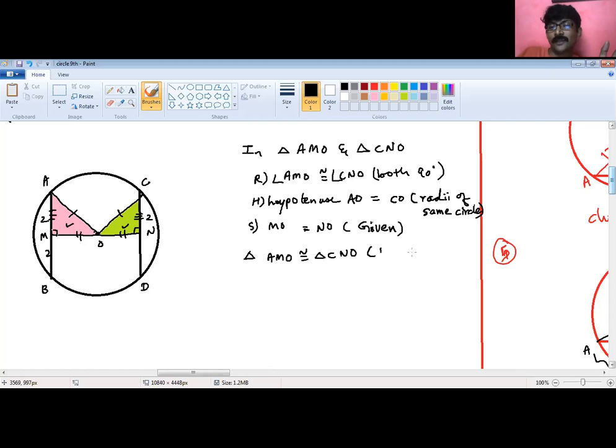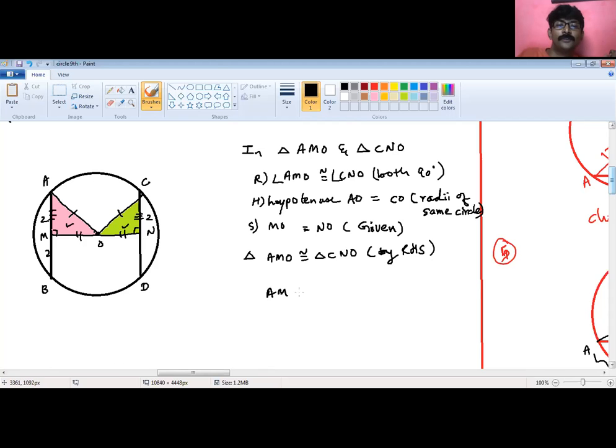I hope you are understanding how neatly and systematically I'm writing this geometrical proof. Many people find writing geometry proofs a bit challenging. So student, no need to worry or get scared. You write it down very easily, very calmly. Once you write that AMO and CNO are congruent, what can we say? Yes, AM is equal to CN. Why can we write this?